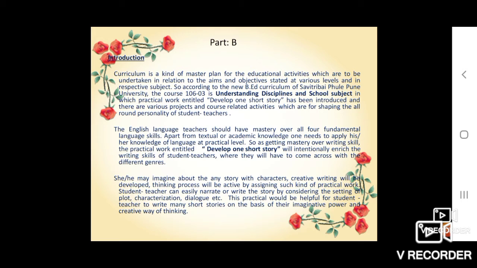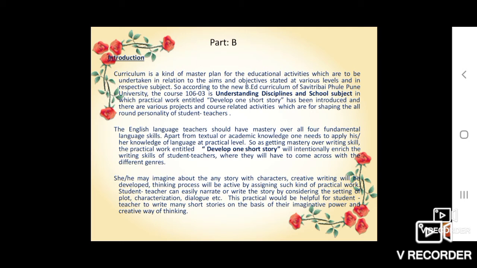So, in getting mastery of your writing skill, the practical work entitled Develop One Short Story will intentionally enrich the writing skill of student teachers, where they will come across different genres. As a student teacher, you have to imagine the story in your mind with the characters. You need to add a creative writing style.